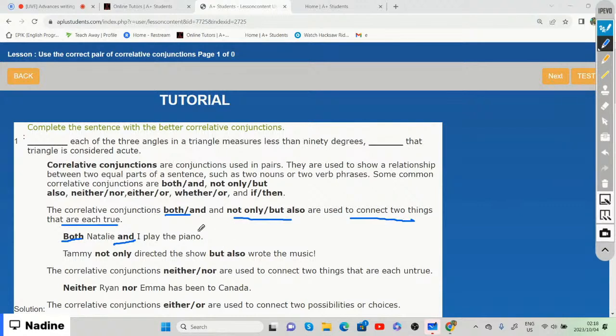And then we have another one. This is how we are now basically going to go over the examples of each of the pairs, and how each is used within a sentence. Tammy not only directed the show, but also wrote the music.